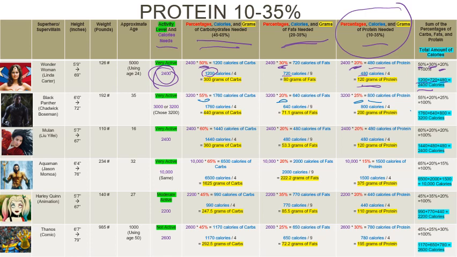Remember, 1 gram of protein equals 4 calories. Just like 1 gram of carbohydrate equals 4 calories. And 1 gram of fat equals 9 calories. And how about alcohol, everyone? 1 gram of alcohol equals 7 calories.